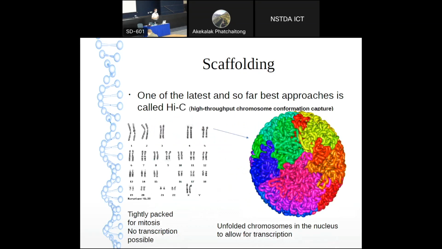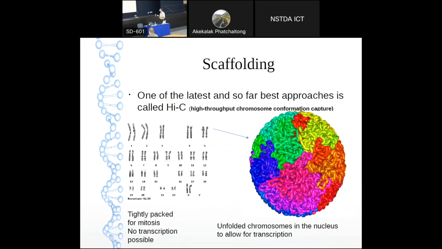One of the latest and so far best approaches is called Hi-C, which stands for high throughput chromosome conformation capture. Although pretty much every time you see a chromosome it looks like this, this is actually almost never what the chromosomes look like inside the cell.